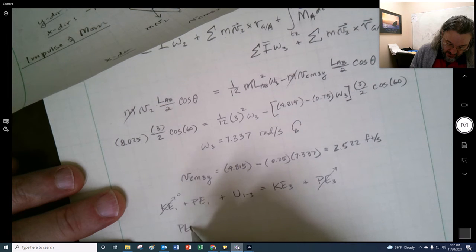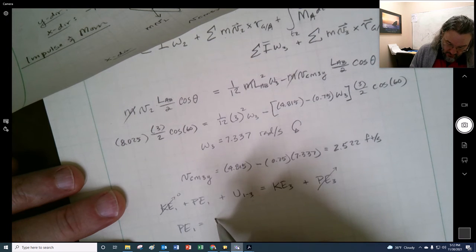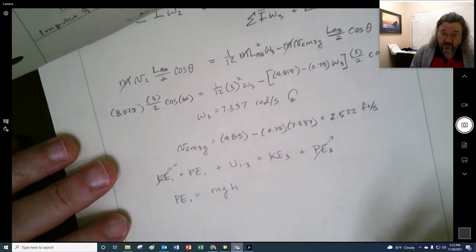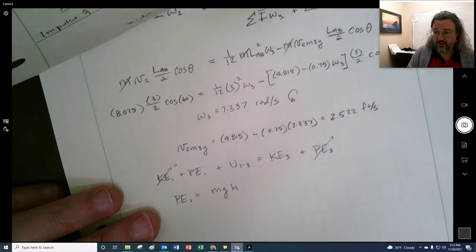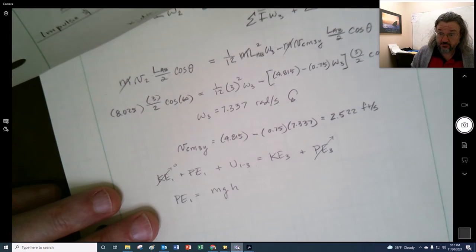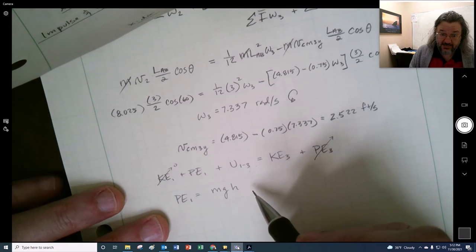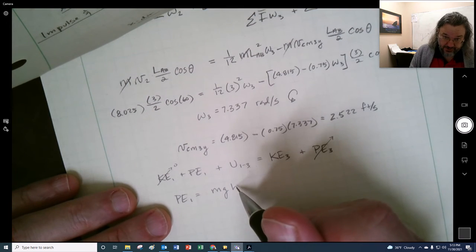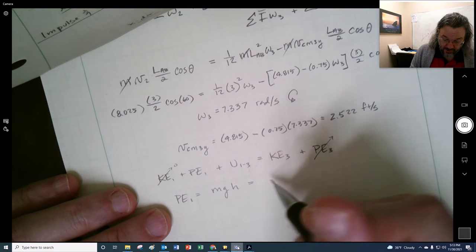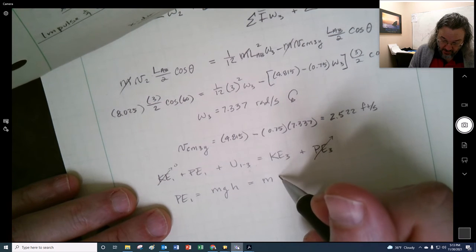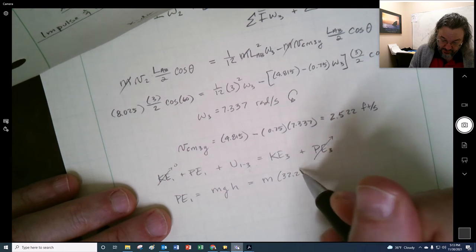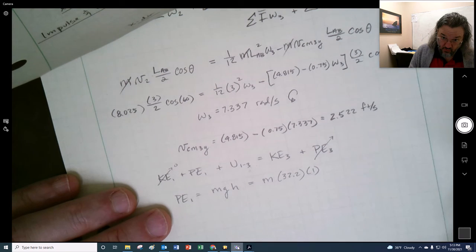So PE1 was, of course, mgh. And another thing we're going to find is that the m's are going to cancel out, which is interesting, that the mass didn't matter in the efficiency. So let's just leave that for the time being as m, and then go 32.2, and our h is 1 right there.